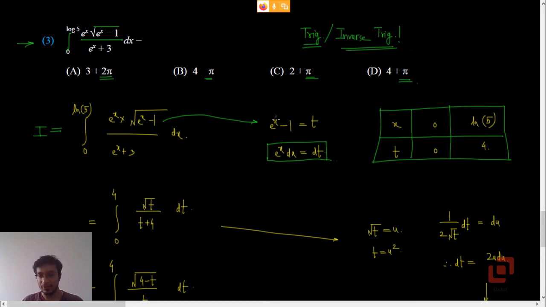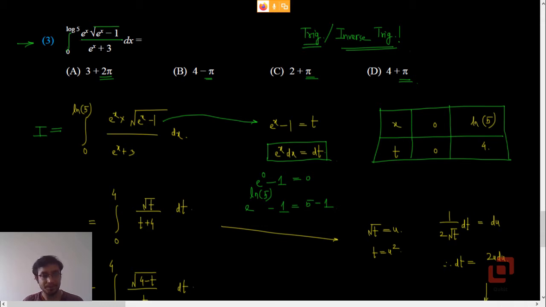If x is 0, the lower limit, t is going to be e to the power 0 minus 1, so that is 0. So the lower limit on t is 0. Now let's go to the upper limit. In the upper limit of x we have log of 5. Now e to the power log of 5 minus 1 is going to be 5 minus 1.